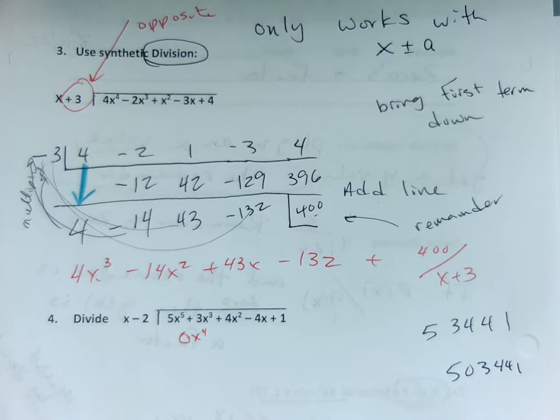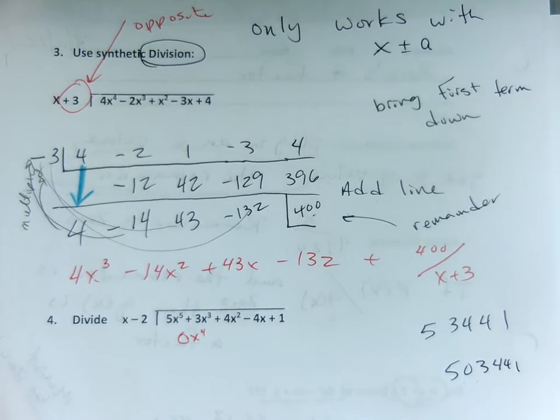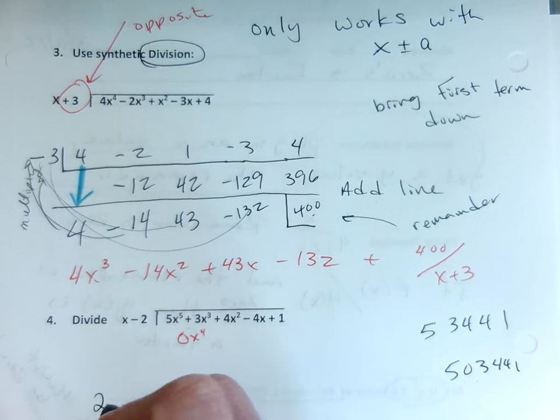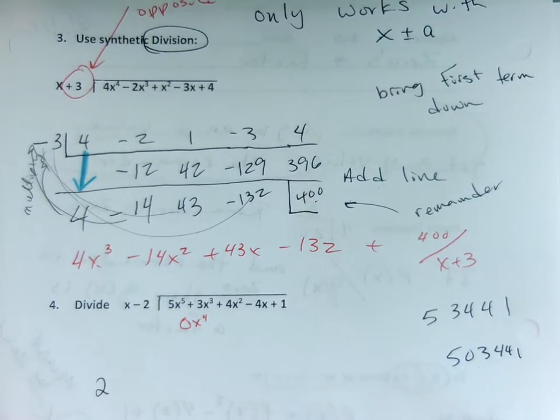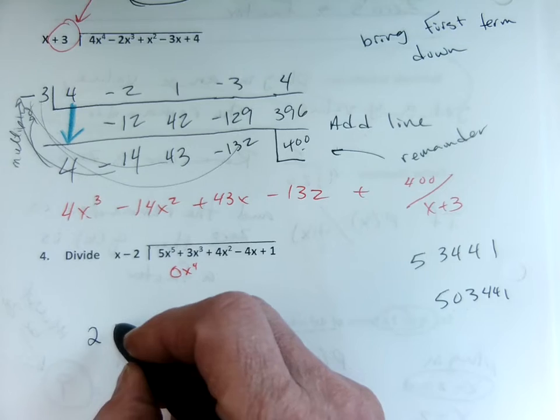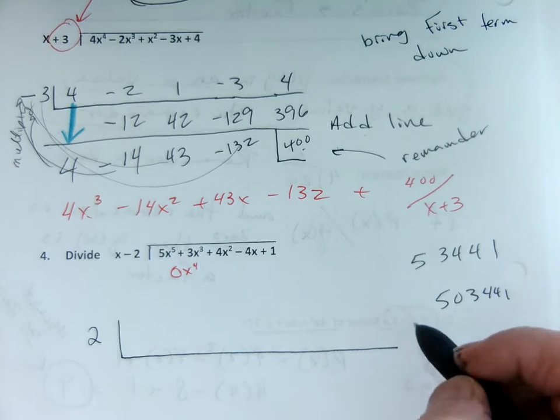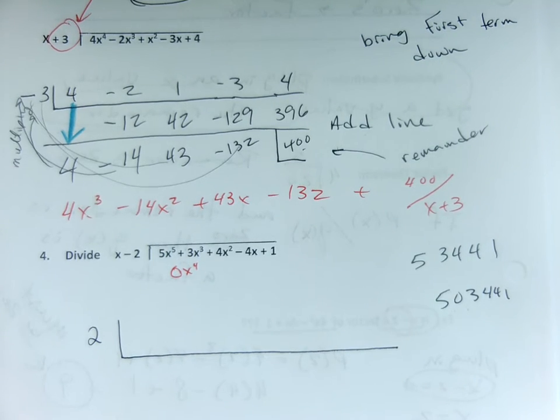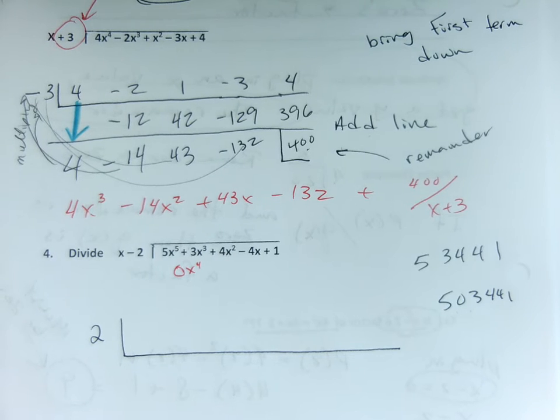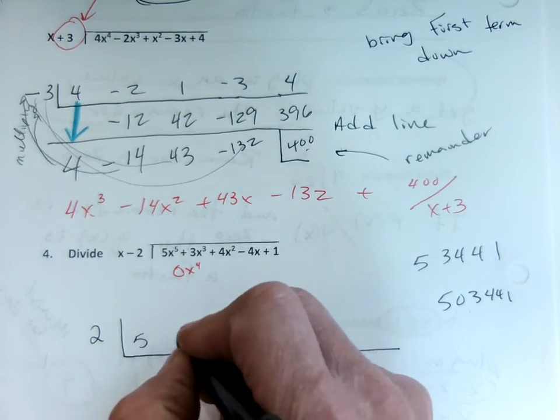So what's the first thing we have to do in synthetic division? Okay, opposite, so I'll put a positive 2 here. Good. Then what? Upside down division. Good. Then what? Forget about the x's and write the numbers: 5, 0, right?